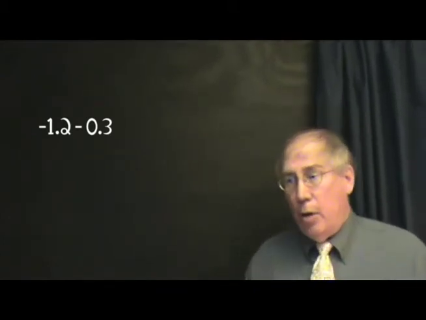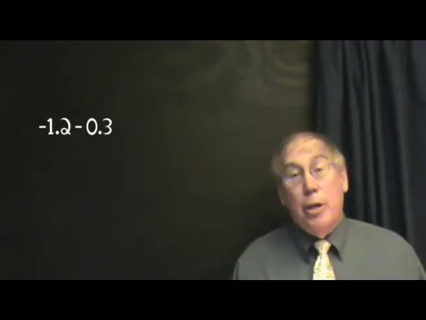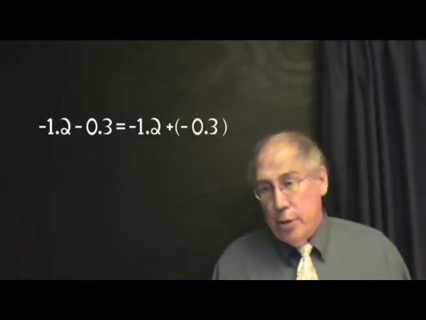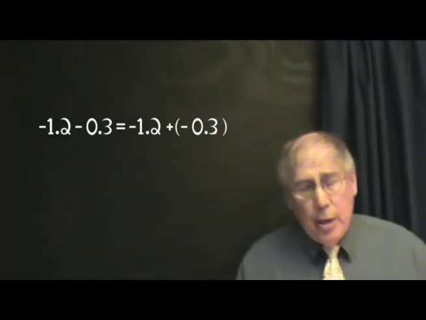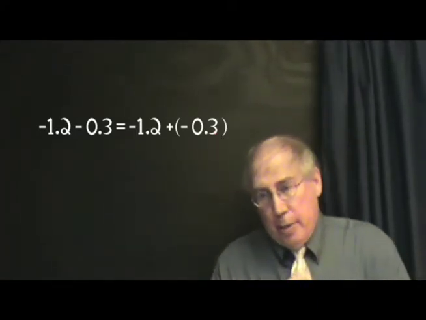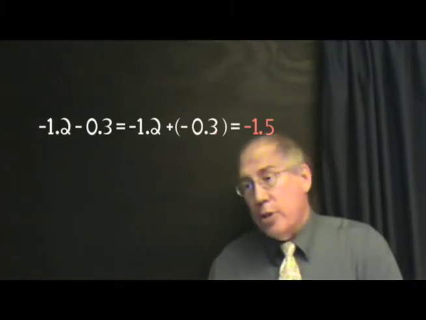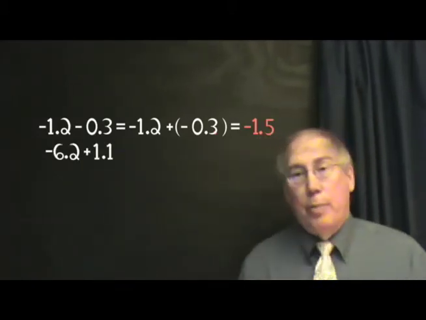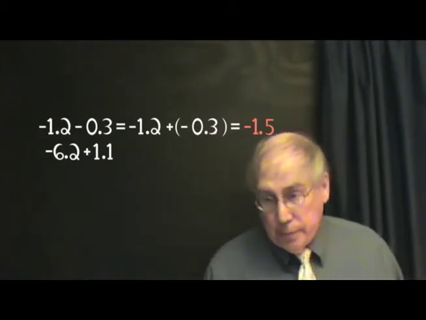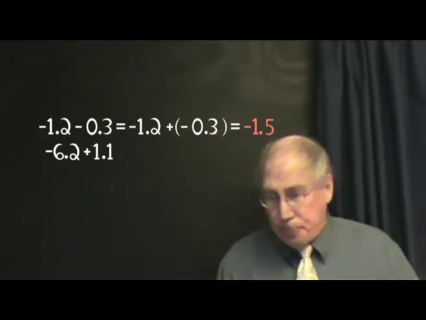Okay, now we can rewrite this problem using the additive inverse on the second part of it, changing it to an addition problem. Now the signs are the same. So we add the two decimals together and put the common sign, which is negative. So we get negative 1.5. The next case, the signs are different.